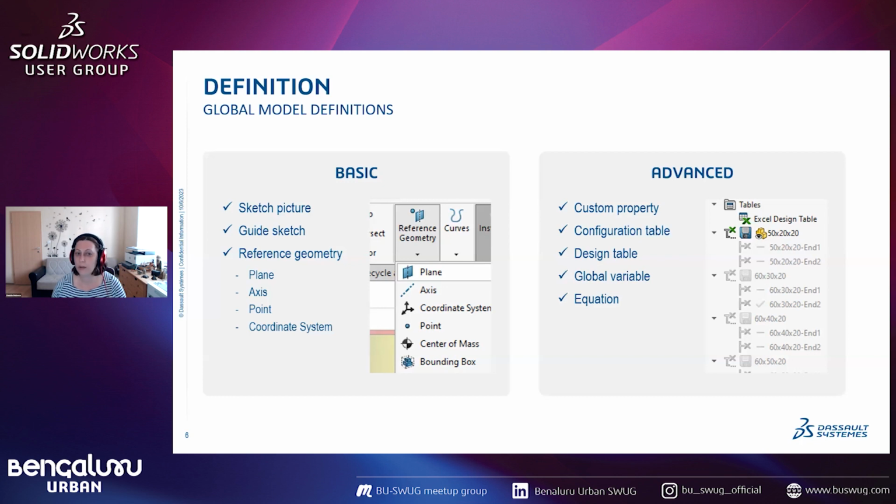So you don't make directly from it a boss extrude or cut extrude or anything else. It just stays there on top of your tree as a sketch, from which later you can call different contours. No, not the sketch picture. Sorry, this was the guide sketch definition. For the sketch picture, you import a picture and you can see there are different things.